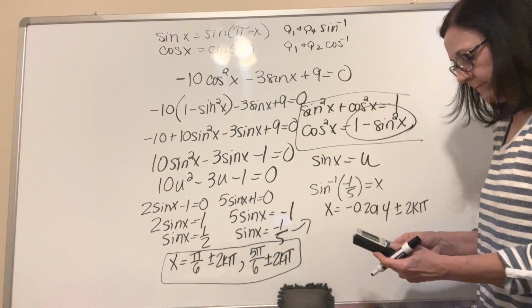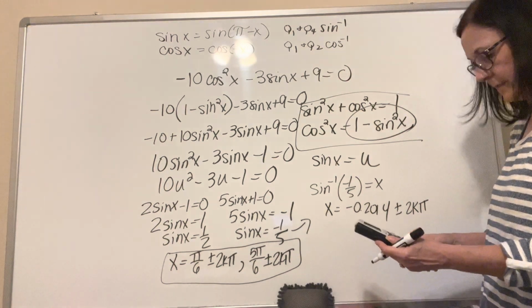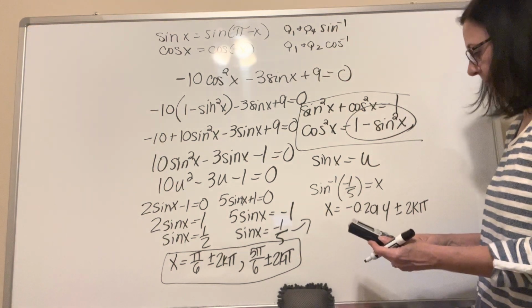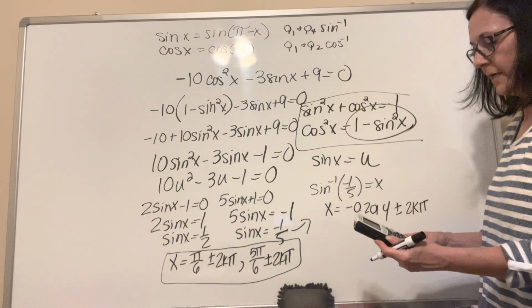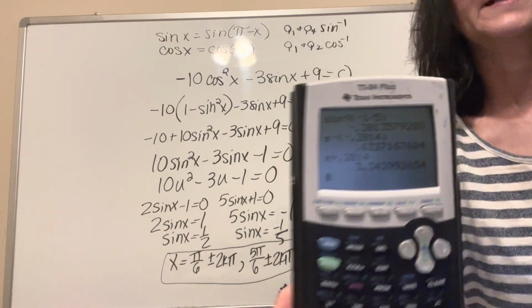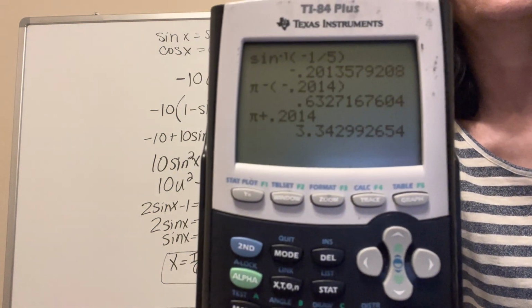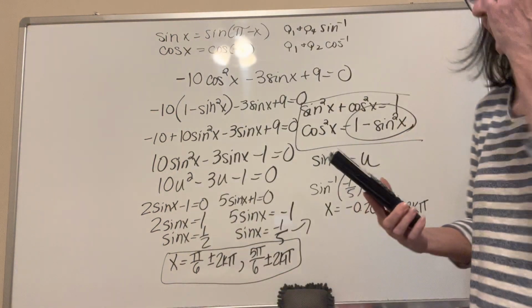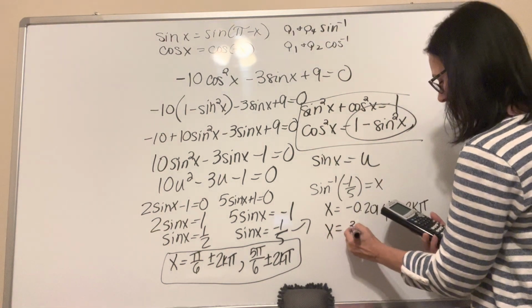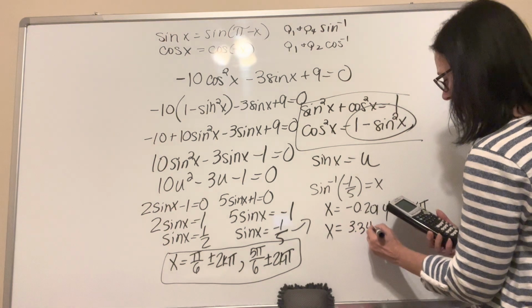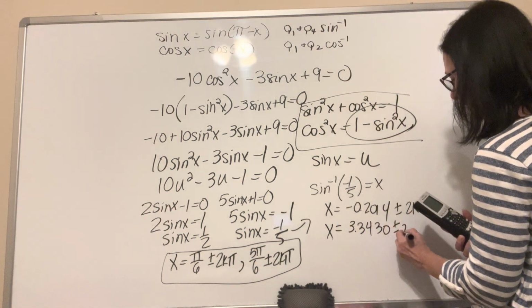Let's do pi plus, should be like 3 point something. My calculator isn't adding right. It's so strange. Look, when I did the minus and negative, that's just so strange. All right, so I'm glad I realized that's wrong. 3.3430 plus minus 2k pi.